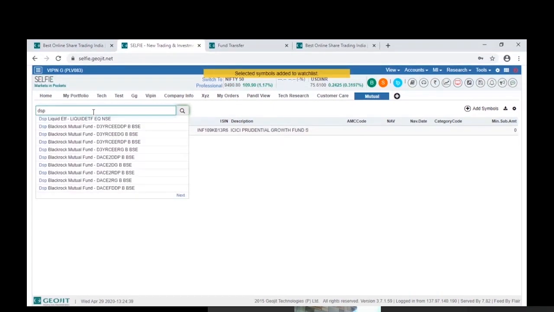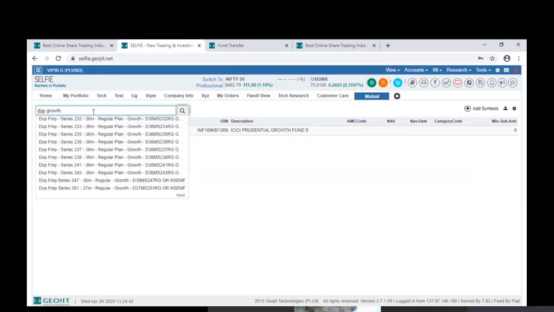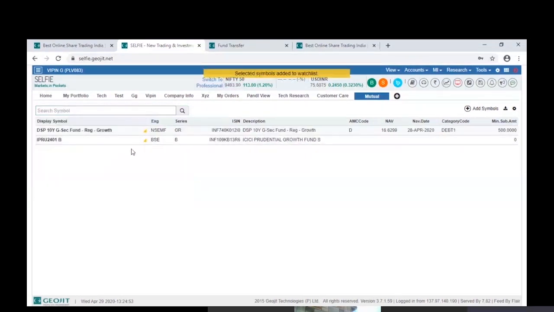So this is NSE MF, which is what we represent. This is a debt scheme, and the minimum subscription amount and the NAV are mentioned here.